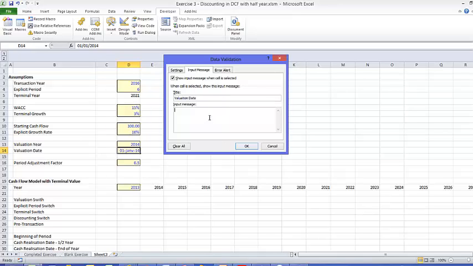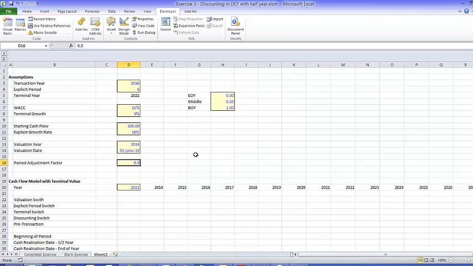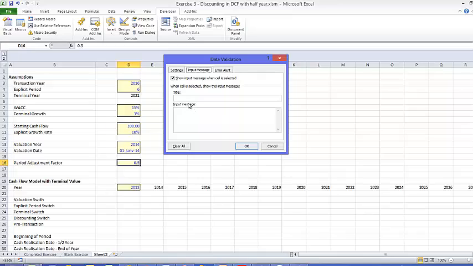Now, the main reason to use this is to demonstrate the XNPV formula as a proof.